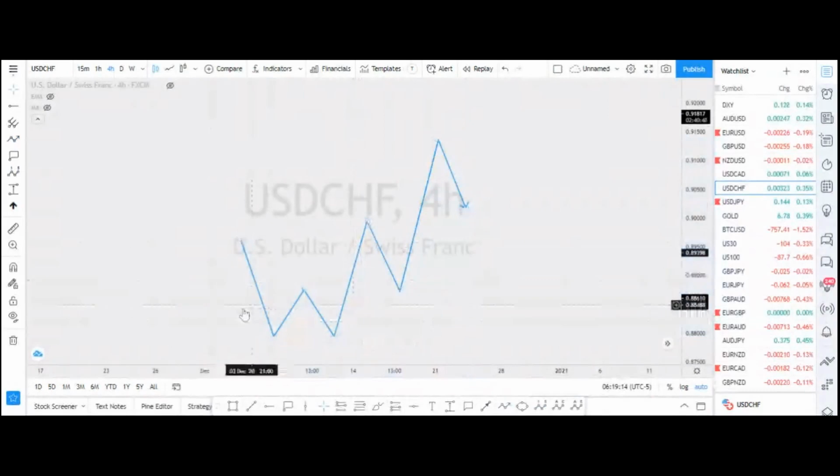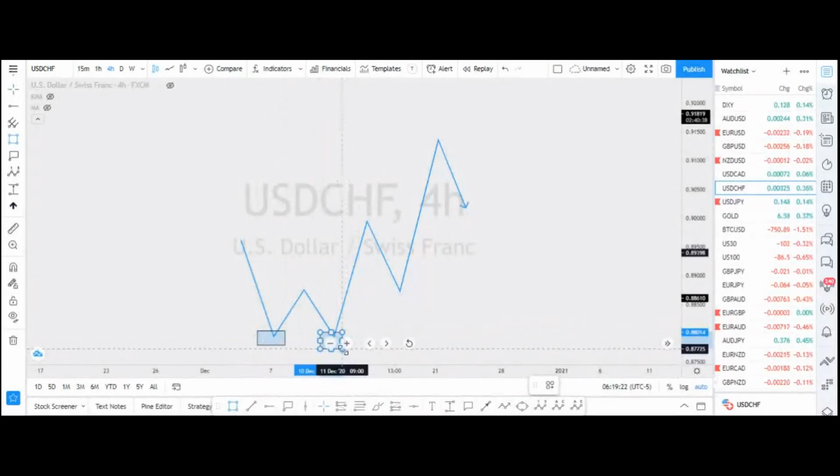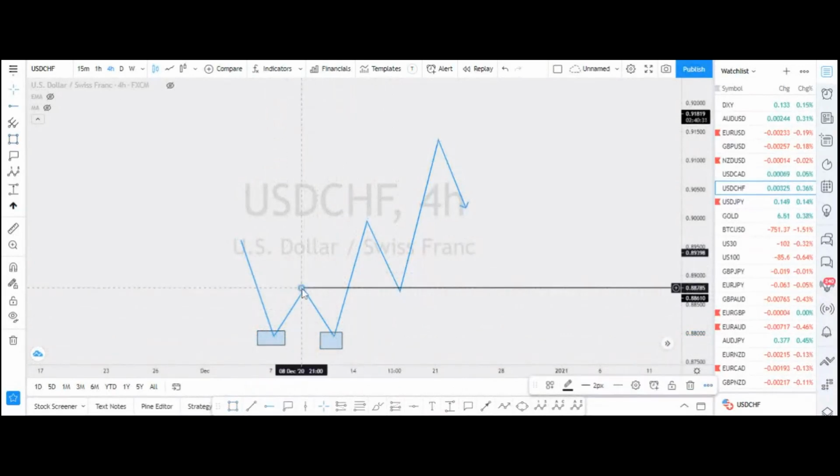Now, when we see this chart pattern, we see this first bottom, then the second bottom. We'll be looking for buying opportunities at the what? Resistance turn support.